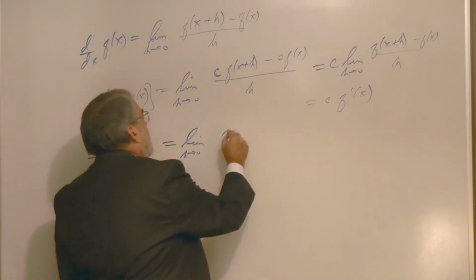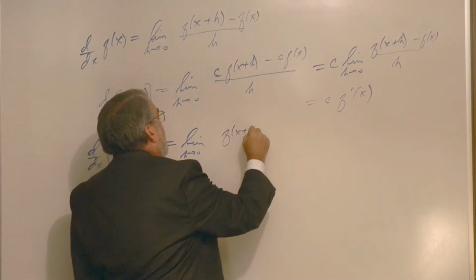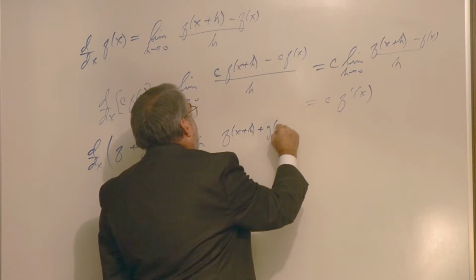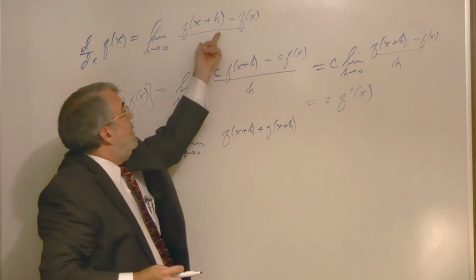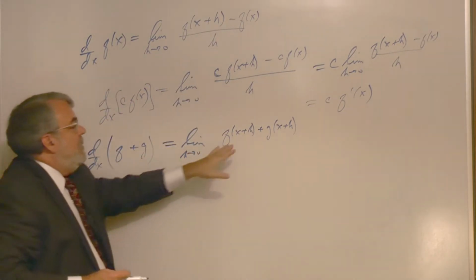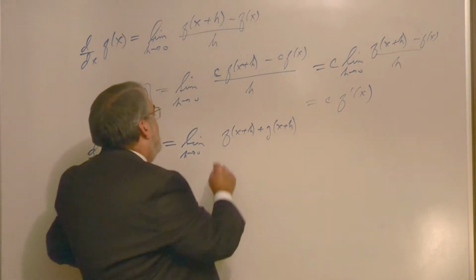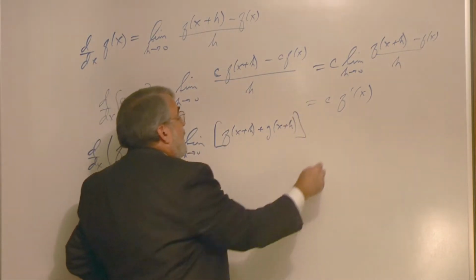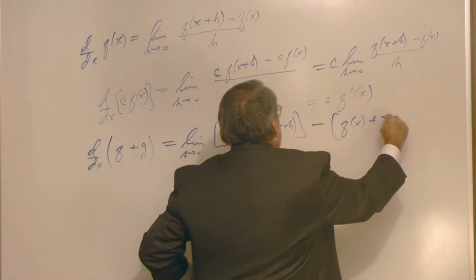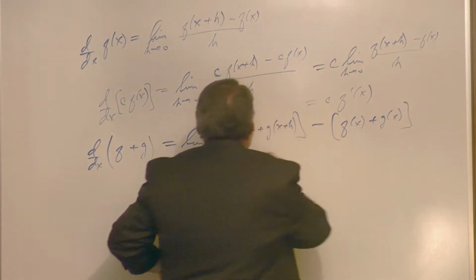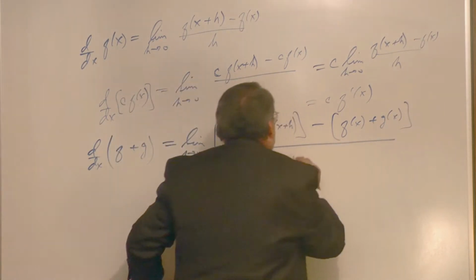We have f of x plus h plus g of x plus h. So that's this part right here, replacing x with x plus h, minus the sum f of x plus g of x, and still divided by h.